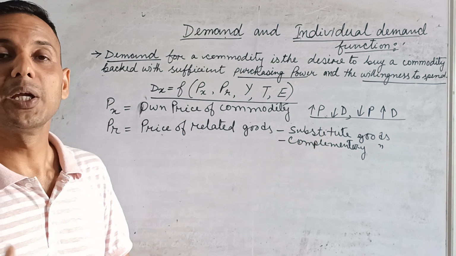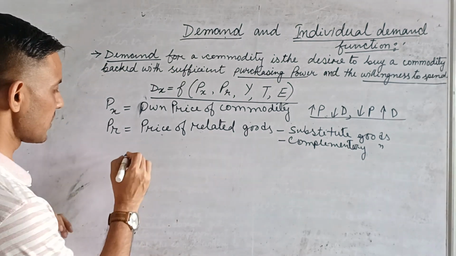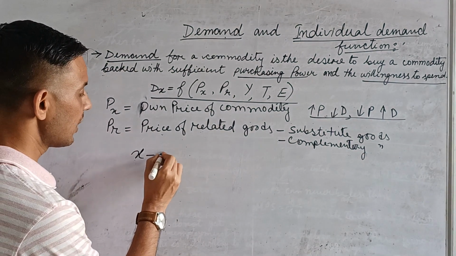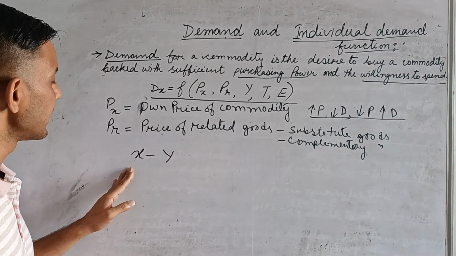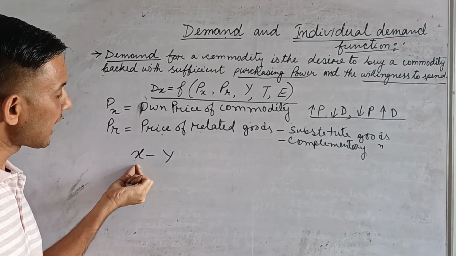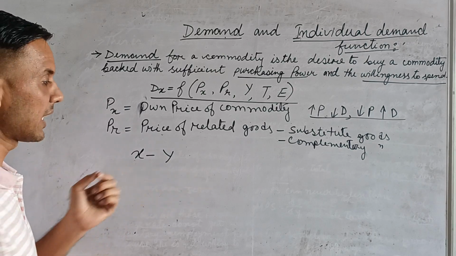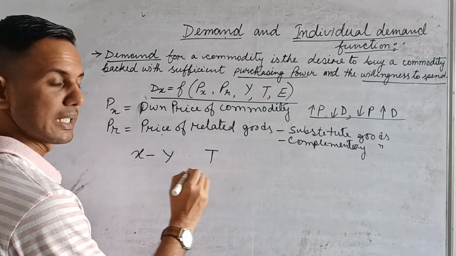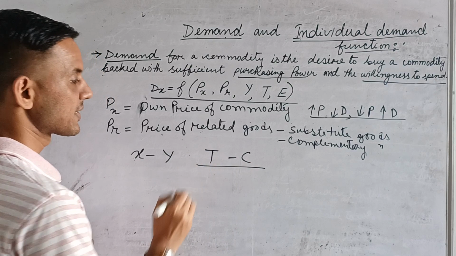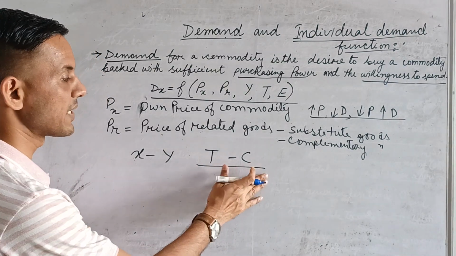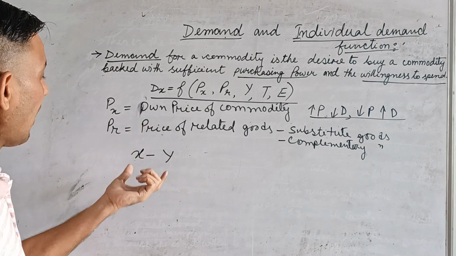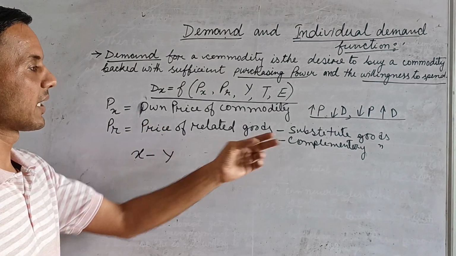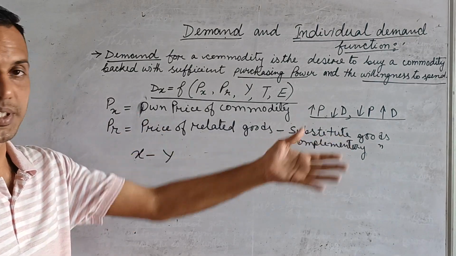Suppose X and Y both are substitute goods. It means one product can replace another. For example, tea and coffee are substitute goods. Tea can replace coffee. So you see how the price of related goods like substitute goods can determine demand.